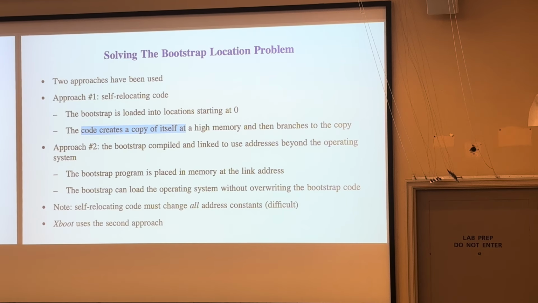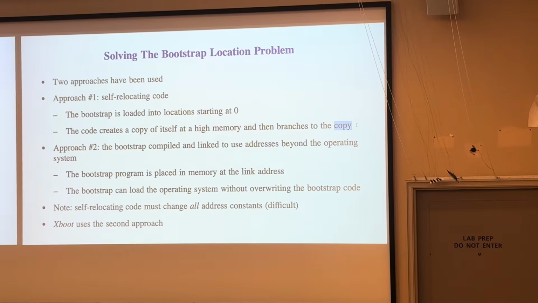And once it branches to the copy, it will see that it's in the high memory address, so it will not make another copy. It cannot copy itself forever. Once it's made the copy, it will start execution. So the first copy of it, which is loaded starting at 0, can be safely overwritten by the operating system, which later will be loaded.